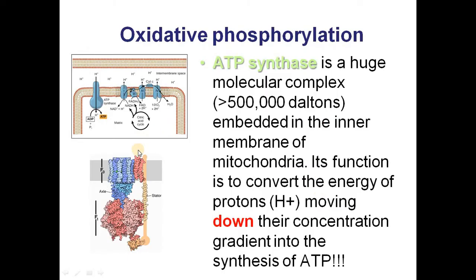Let me just go to this image. So there will be a lot of hydrogens right here, and they're going to flow through the ATP synthase, almost like a windmill. And as they go through, the ATP synthase will turn, okay, it will turn like this, counterclockwise.